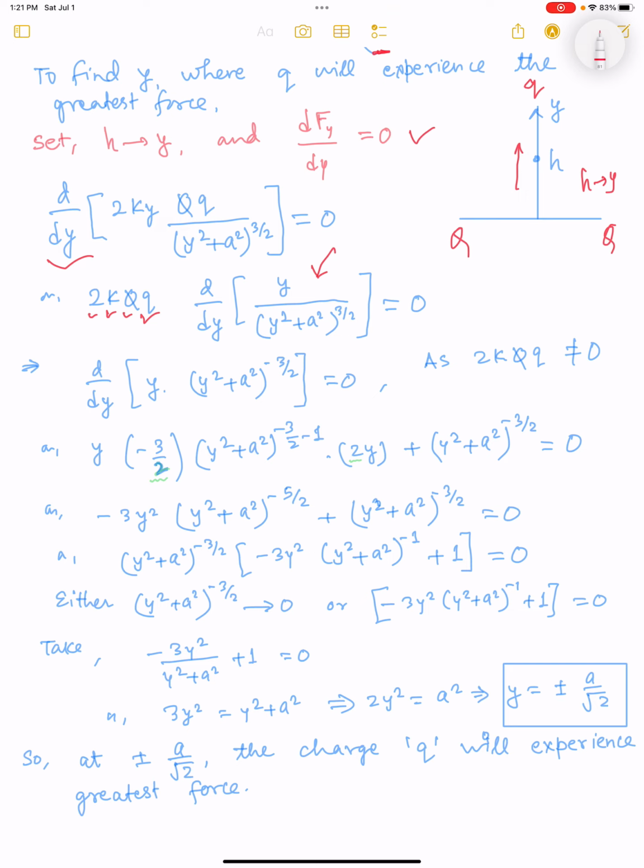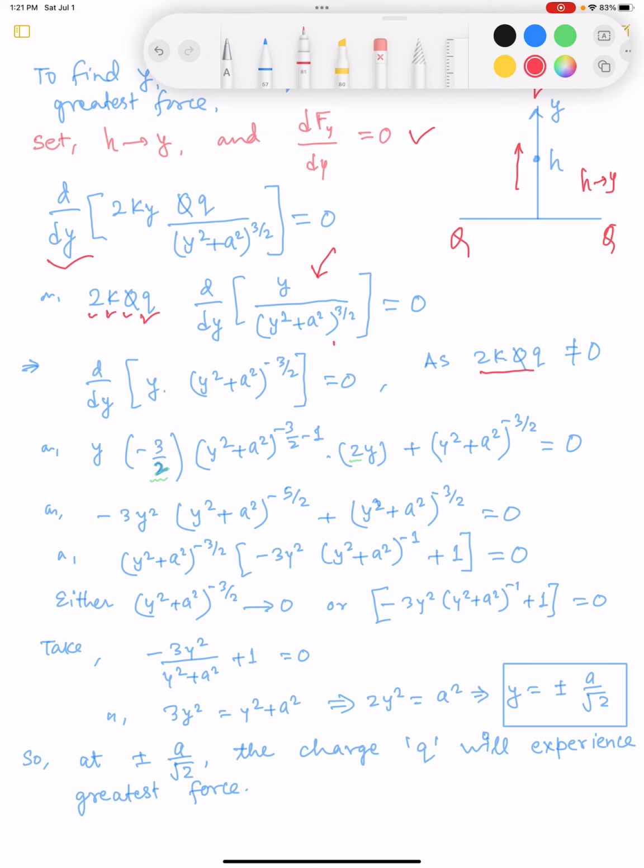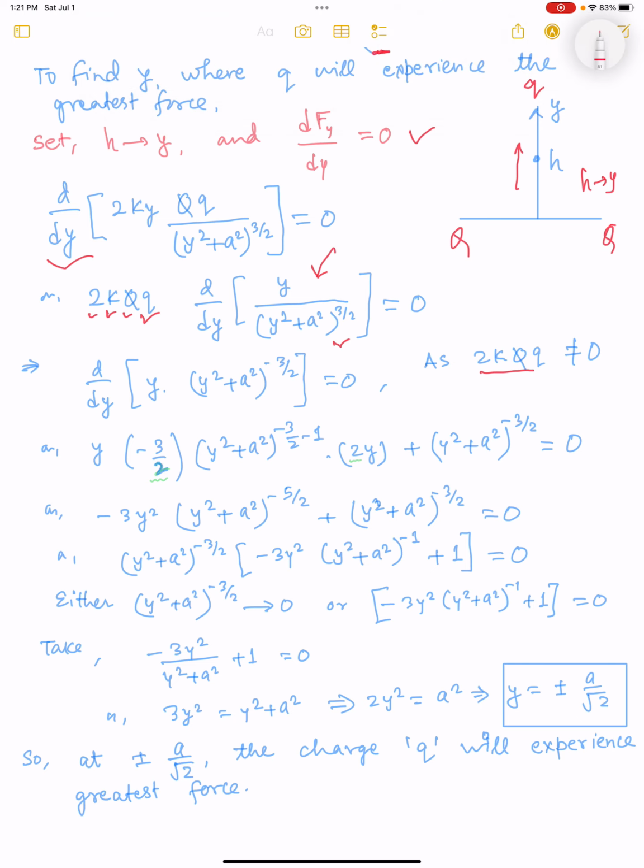Solve that. As these 2, k, and q, this whole expression cannot be equal to 0. That means the product of these two expressions is 0 only if this is 0. So you can write this and take a derivative further.